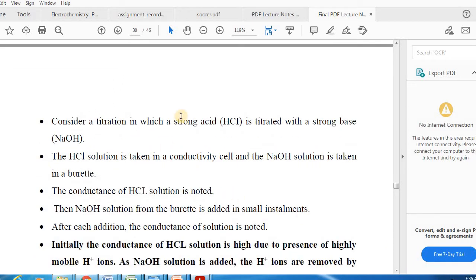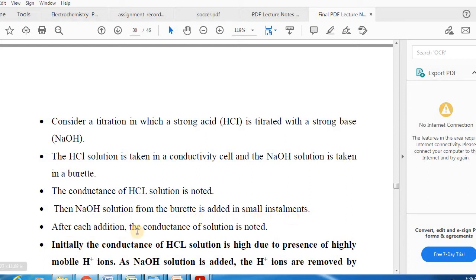Here we are considering the titration between the strong acid HCl and the strong base NaOH. HCl solution is taken in a conductivity cell and NaOH solution is taken in a burette. The conductance of the HCl solution is noted, and the NaOH solution from the burette is added in small installments.